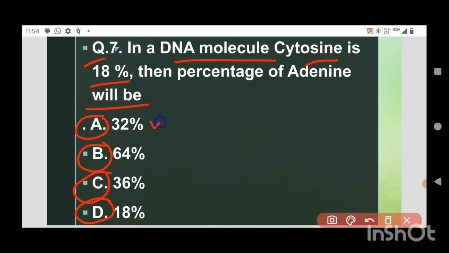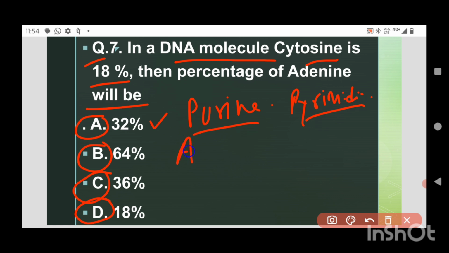Now there are two types of bases present in a DNA molecule, that is purine and pyrimidine. In purine bases there are adenine and guanine.